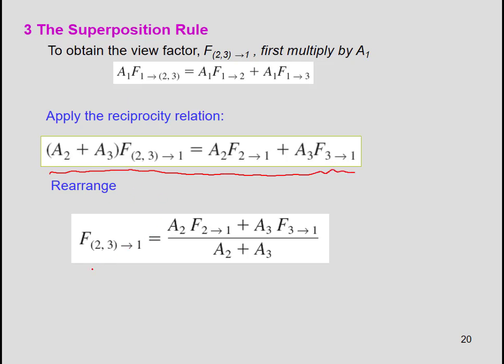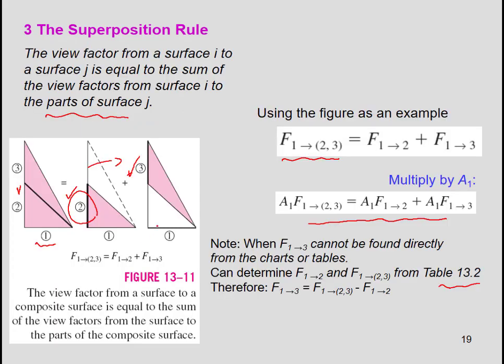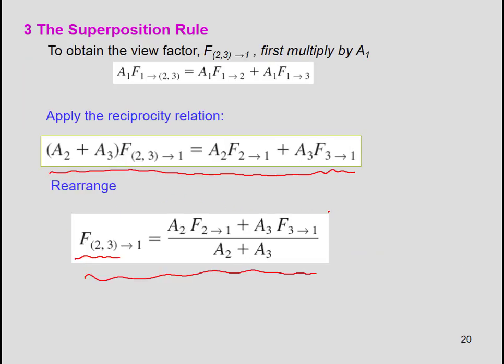And by rearranging that, we can find this, as I told you before. This is the view factor from surfaces 2 and 3 to surface 1. Simply, we can find that by this equation, for example.